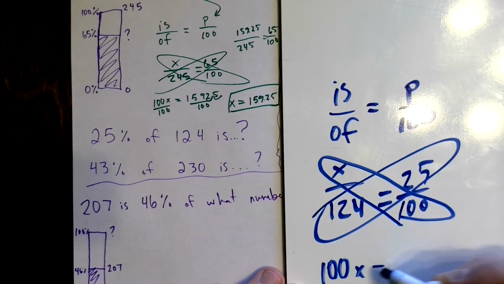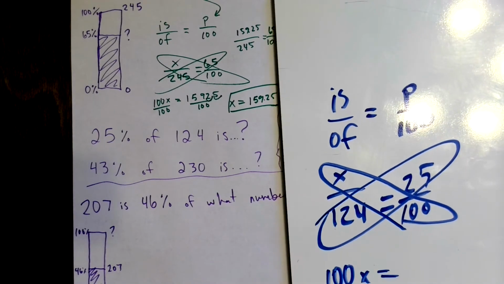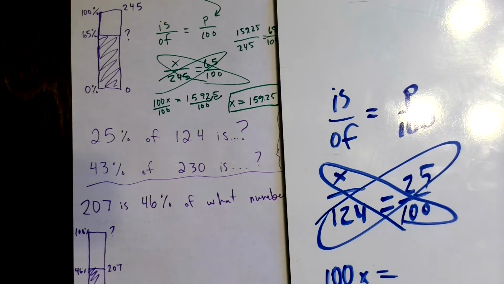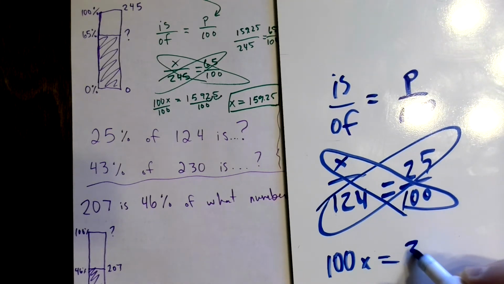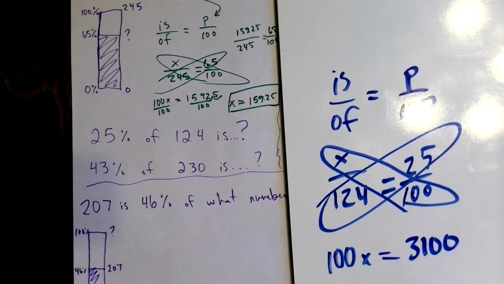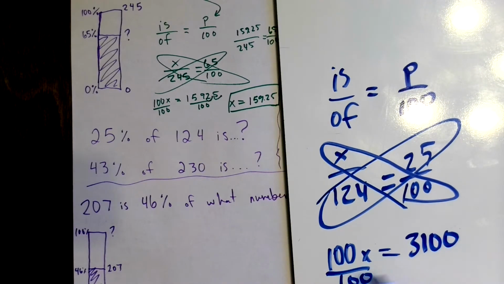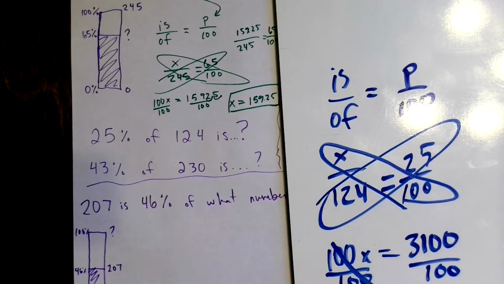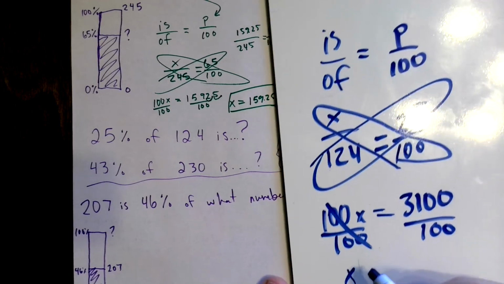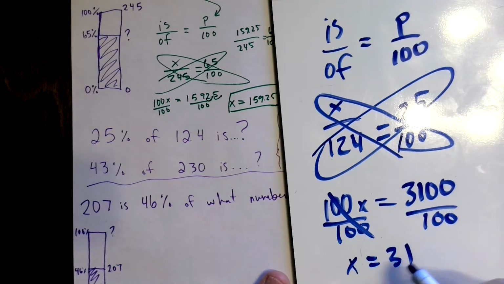And we're going to get 100x equals 25 times 124. I forgot to mention on this lesson you are able to use your calculators, but you still have to show all of this work that I'm showing right now. Get that x by itself by dividing each side by 100. And that'll move our decimal place a couple times here to x equals 31.